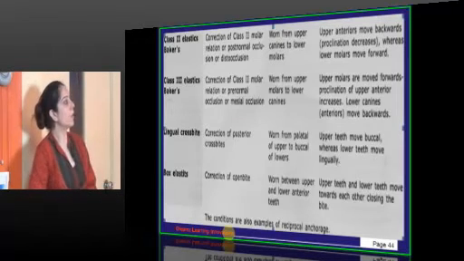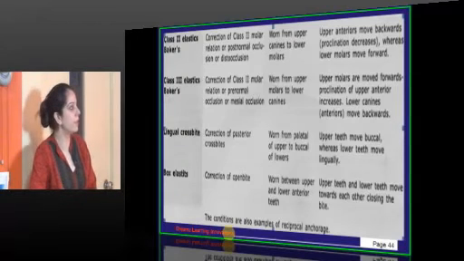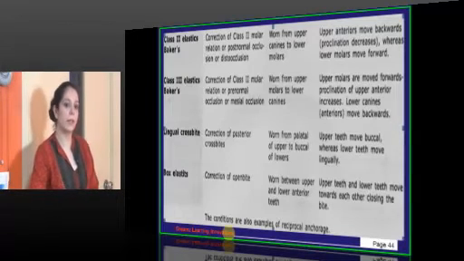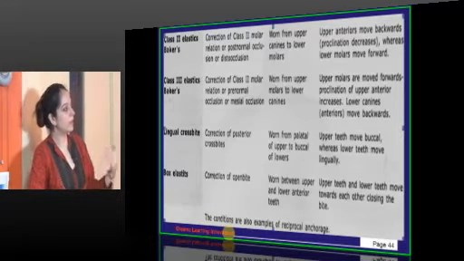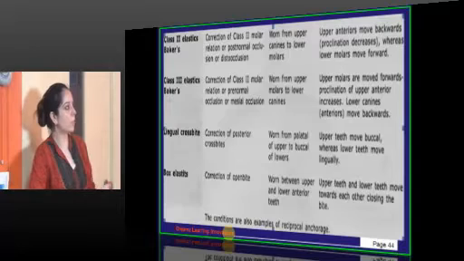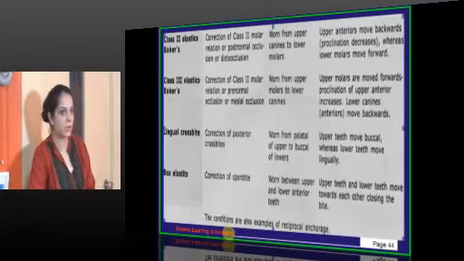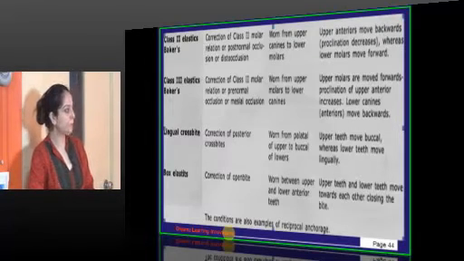So when we talk about class 2 elastics and class 3 elastics, both can be classified under Baker's anchorage. Class 2 elastics are used to correct class 2 molar relation, class 3 for class 3 molar relation, and there's a difference in the way you wear it. Class 2 is worn from the upper canines to the lower molars, class 3 is worn in the opposite way.